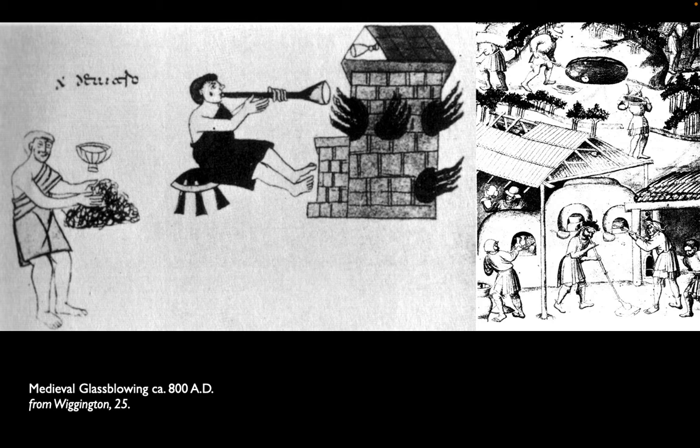And then, as you can see in both drawings, through a combination of inflating the glass bubble on the end of the punty, spinning it around on either a rough or smooth surface, as you see in the lower right, reheating it, reblowing it, reheating it, reblowing it, reshaping it, until you get the rough form that you want, and then cooling it either gradually or quenching it to temper it by putting it into a cold pot of water to firm up the glass, to introduce thermal stresses that produce what we call tempered glass that breaks into small pieces instead of big shards.